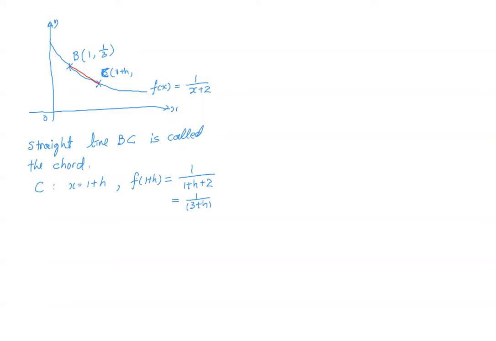So my point B is x equal to 1. My F1 is equal to 1 over 1 plus 2, which is 1 over 3. Am I right?